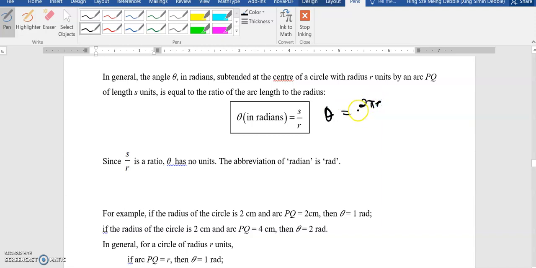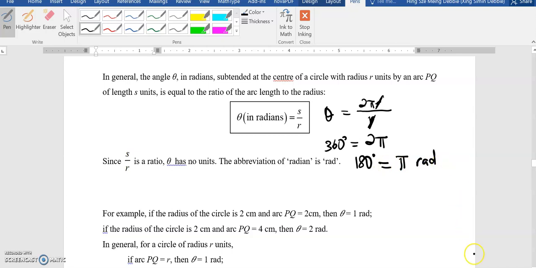With radius r, one full circle gives you 2 pi r, and one full circle's angle in degrees is 360. We know that 360 degrees essentially is 2 pi. Therefore, 180 degrees is represented by pi radians.